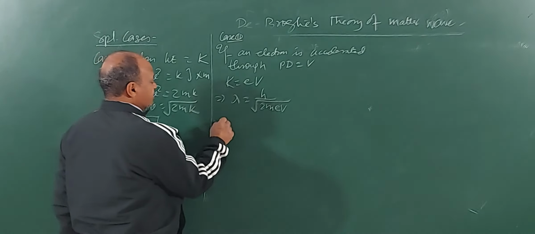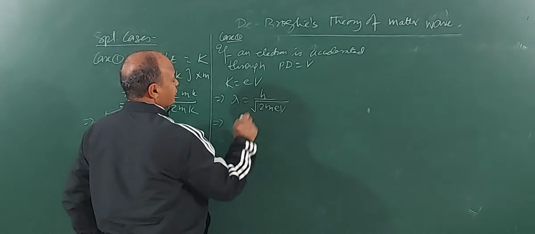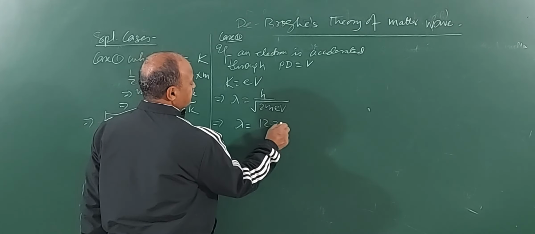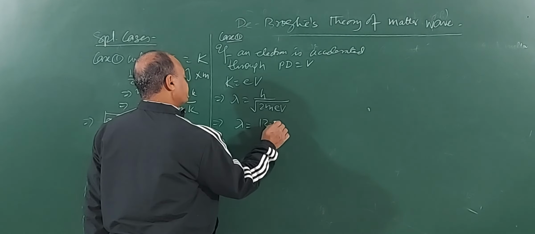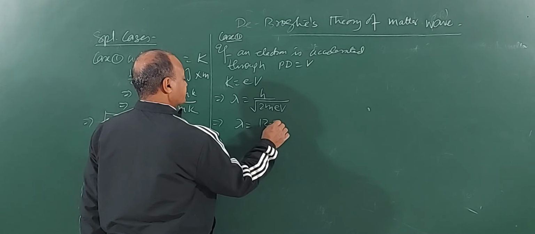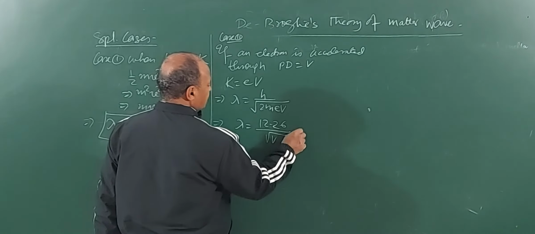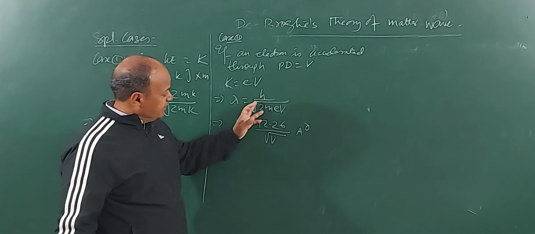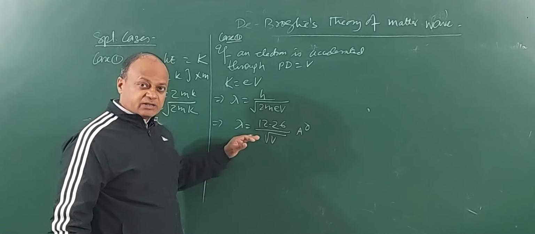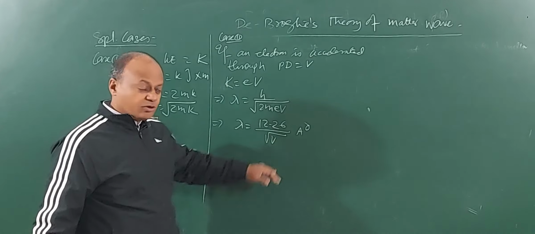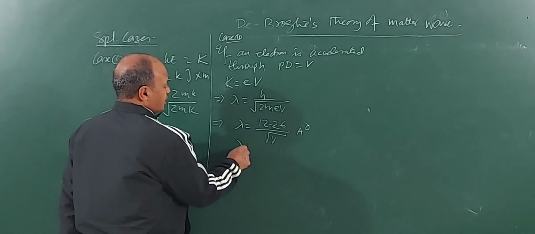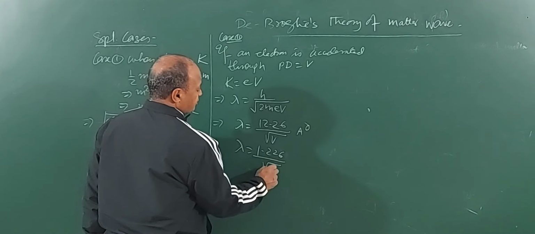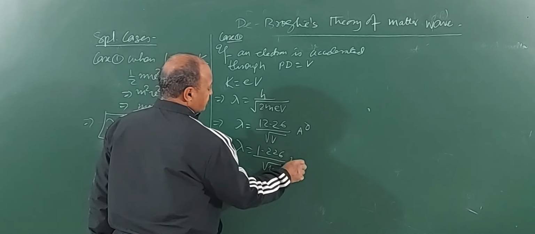Now, children, h, m and e, all these are constants. So, we can write here lambda is equal to, if we solve, it becomes 12.23 by root V angstrom. You can simplify, I can directly use this formula. This will give you the wavelength of matter wave in angstrom, or 1.226 by square root of V nanometer.